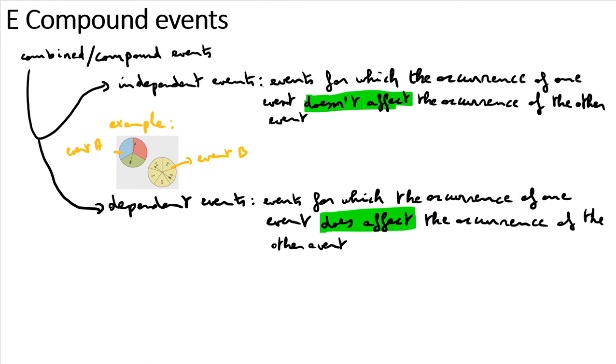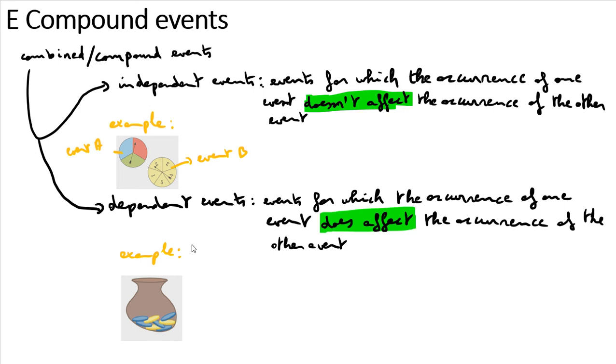While this is different for dependent events. So let's check an example there as well. Let's say we have a bag with 8 discs. We have 5 blue discs and 3 yellow discs.